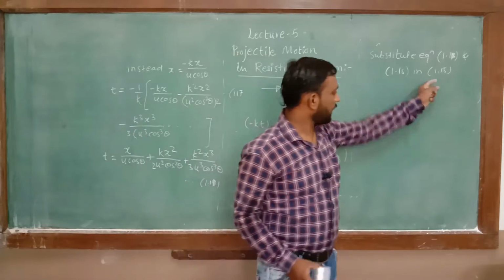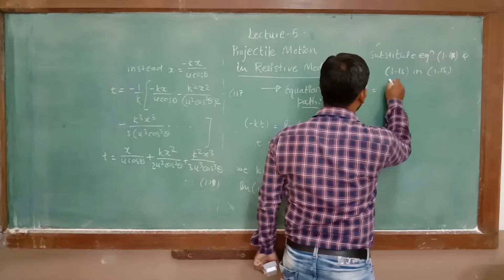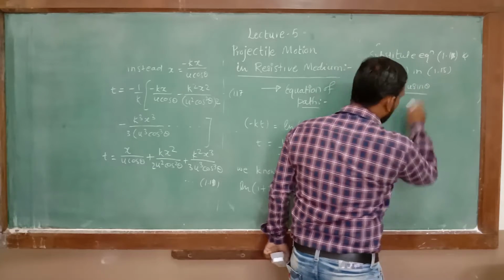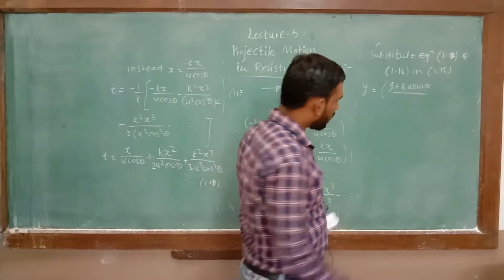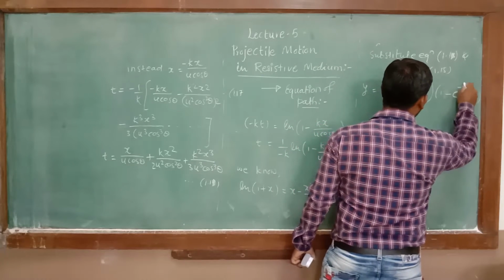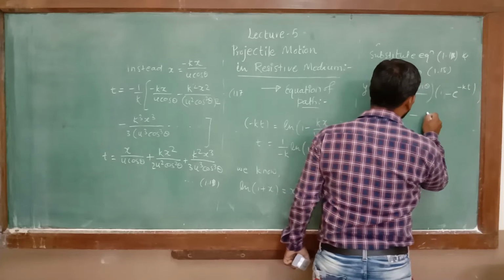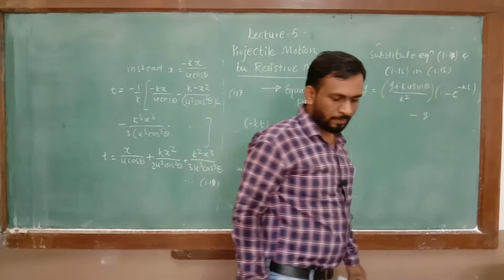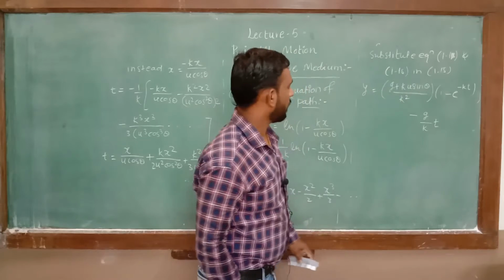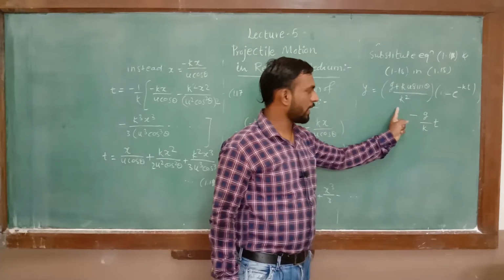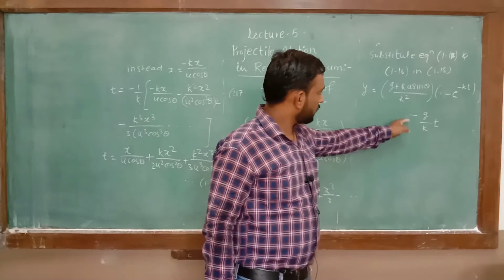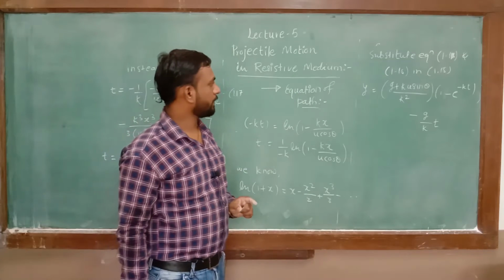Equation 15: y is equal to (g plus ku sin theta) upon k square into (1 minus e to the power minus kt) minus g upon k into t.